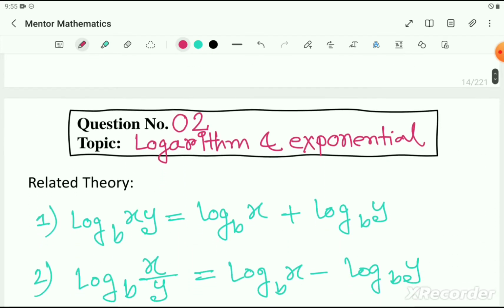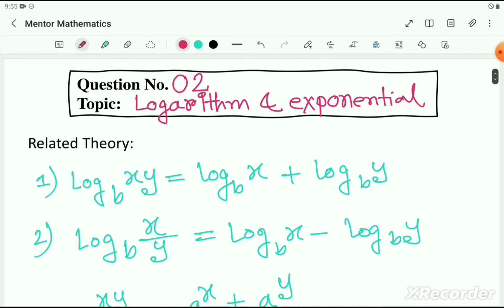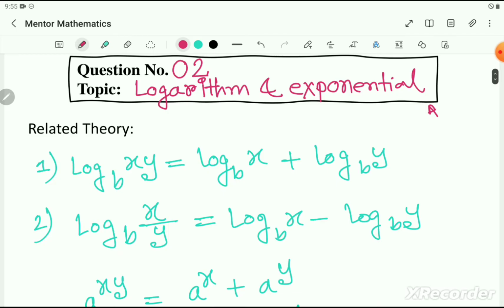Before solving the problem, let's recall some basic formulas of logarithms. This particular topic comes from the logarithm and exponential chapter. I hope you already know these two basic formulas of logarithmic mathematics. Log base b, usually the base is 10. Log base b of xy can be written as log base b of x plus log base b of y.